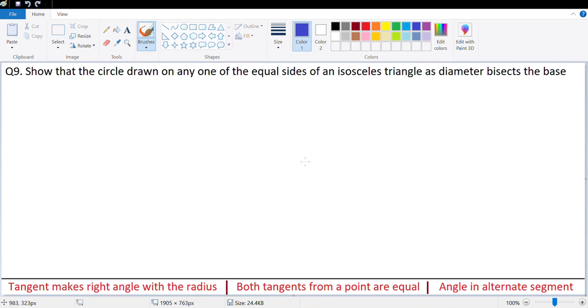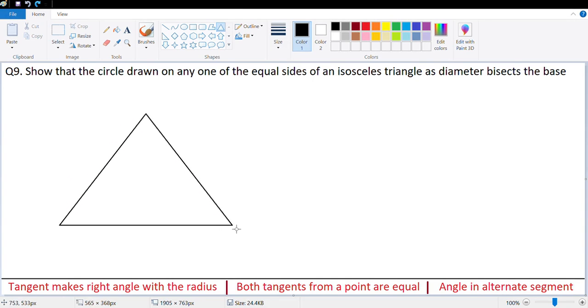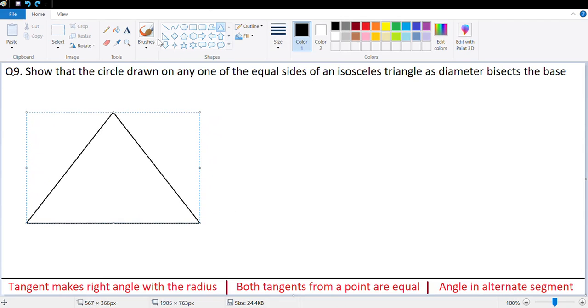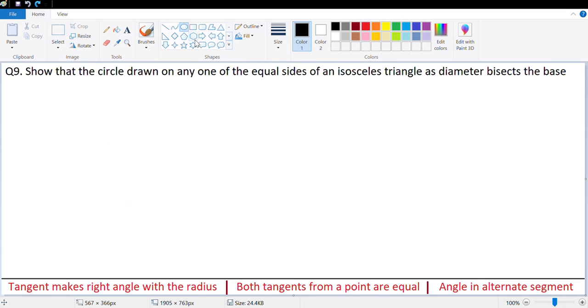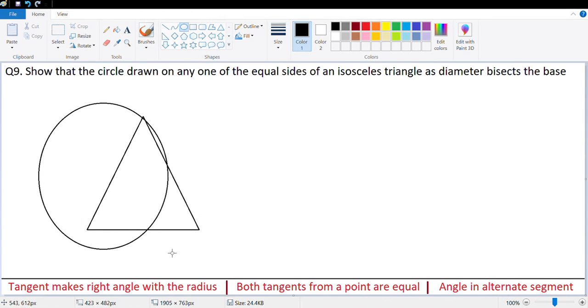Next one we're looking at is question number 9. Show that the circle drawn on any one of the equal sides of an isosceles triangle has diameter bisects the base. Okay, let's just draw a rough diagram and see what we get from there. So what it's saying is, if this is an isosceles triangle and I draw a circle with one of the equal sides as the diameter, then this bisects the base.